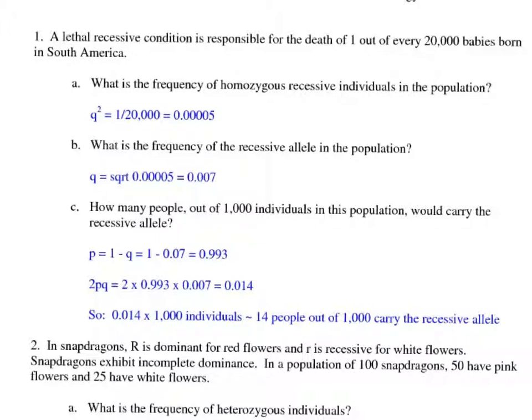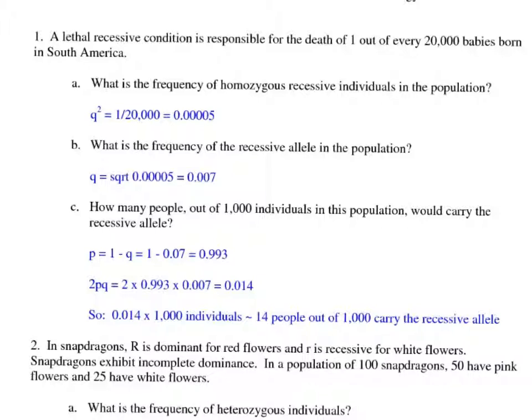Let's apply the Hardy-Weinberg Principle to a series of questions concerning genetics. Now remember, the Hardy-Weinberg Principle is p squared plus 2pq plus q squared equals 1. A lethal recessive condition is responsible for the death of 1 out of every 20,000 babies born in South America.